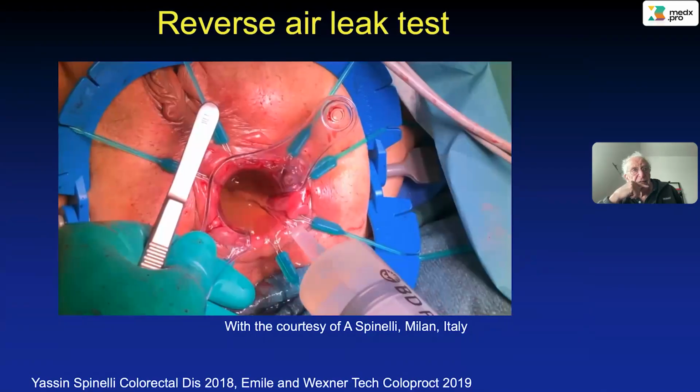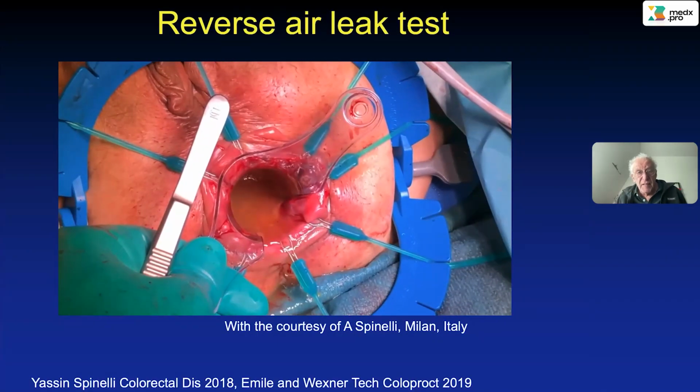If there's a leak, there was a leak, and then a suture was performed, and then there is no leak. And the second time, the air test was performed.